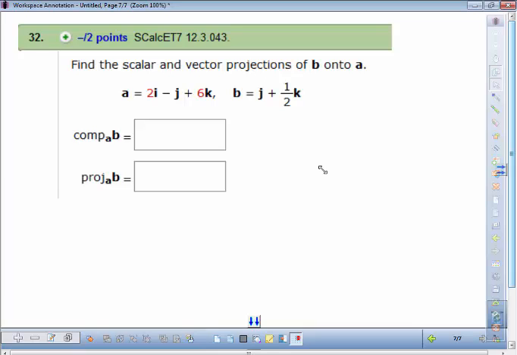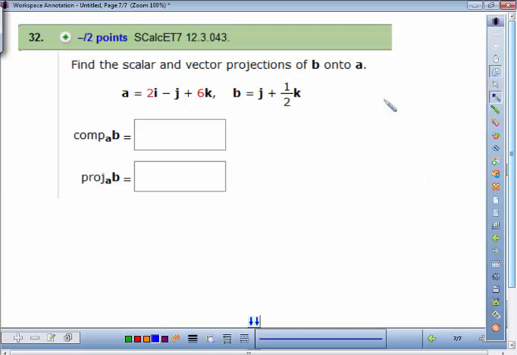A is equal to 2, -1, 0, and B is equal to 0, 1, 1/2. I think it might be easier if we rewrite this as 2, -1, and 6, and B as 0, 1, and 1/2.